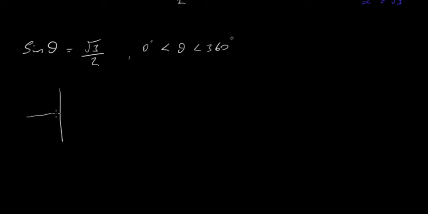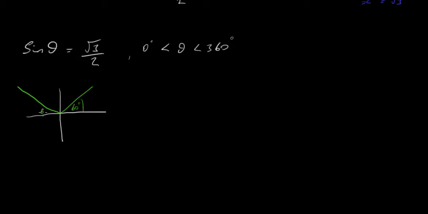So in other words, if we draw a little xy axis here, we can see that if theta is 60 degrees, the sine of 60 degrees is root 3 over 2. But we are talking about angles between 0 and 360 degrees. So all the way around here, we want to see are there any other angles that have a sine of root 3 over 2? Well, we know that sine, this is positive here, root 3 over 2 is positive, and we know that sine is also positive in the second quadrant here.